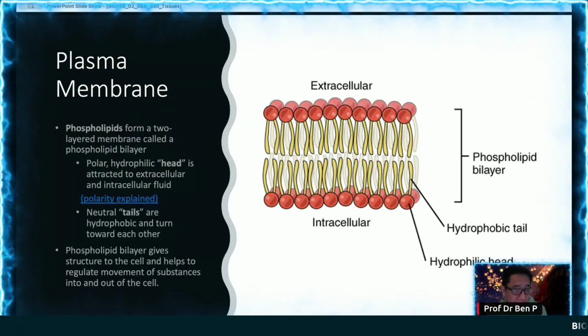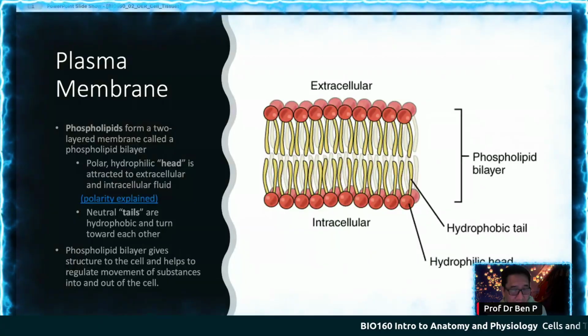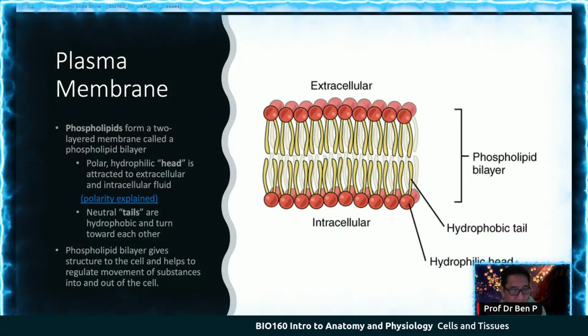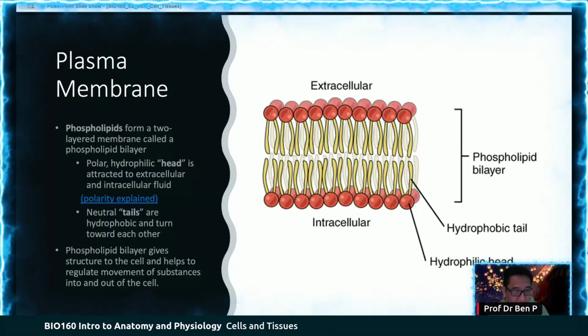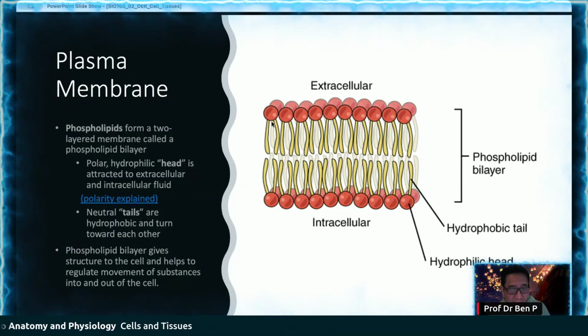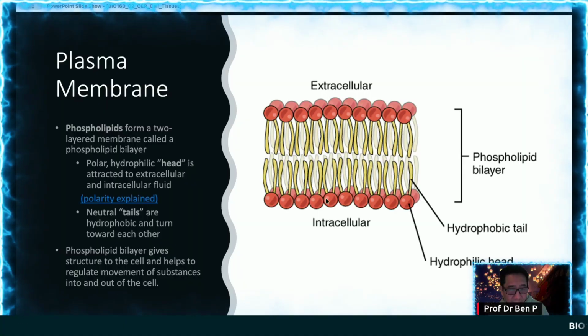Phospholipid basically tells you what it is made of. Phospho is phosphate, lipid is fat. The phosphates are the circles you see on the outside, these red ones here.